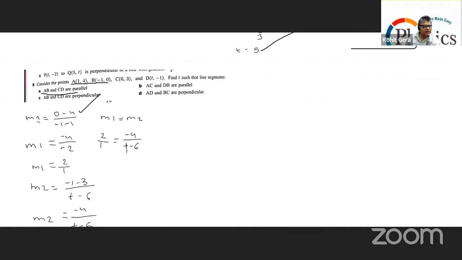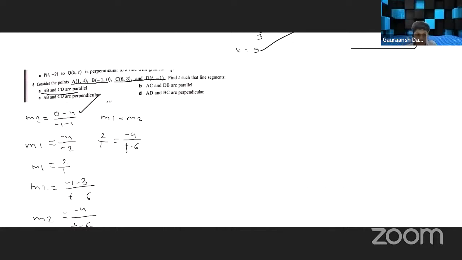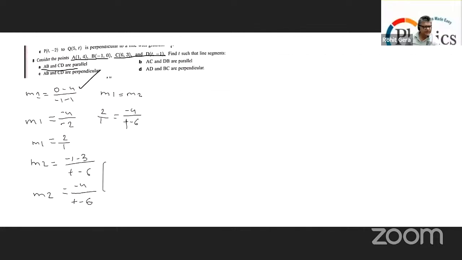Then you're calculating CD, minus 1 minus 3 t, minus 6. Agreed. So this is your step number 1 calculated.